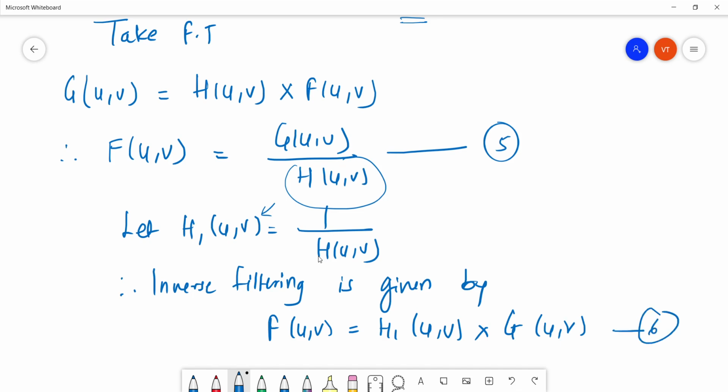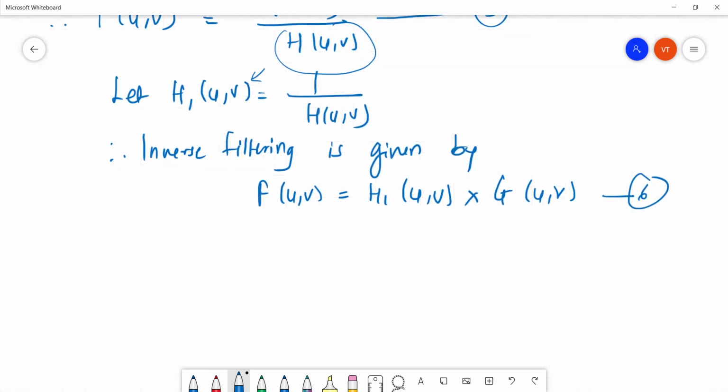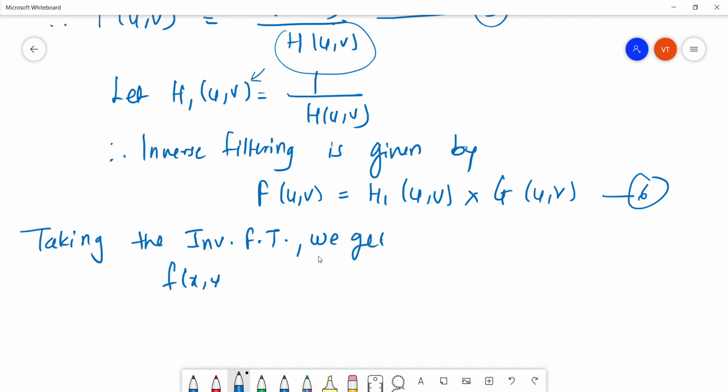Now if you take the inverse Fourier transform, we get f of x,y equal to h1 of x,y convolution with g of x,y. Okay, so that is the meaning of this.